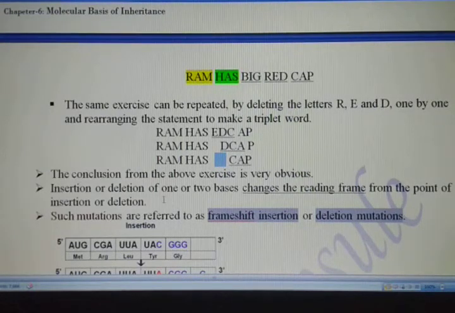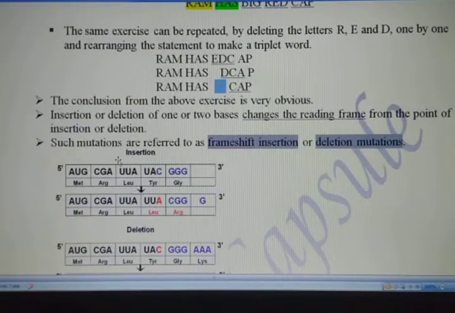Now in this, what conclusion can we draw? That means the deletion or insertion, both of them are going to change the sequence of nucleotides. Insertion or deletion of one or two bases, what will happen here?